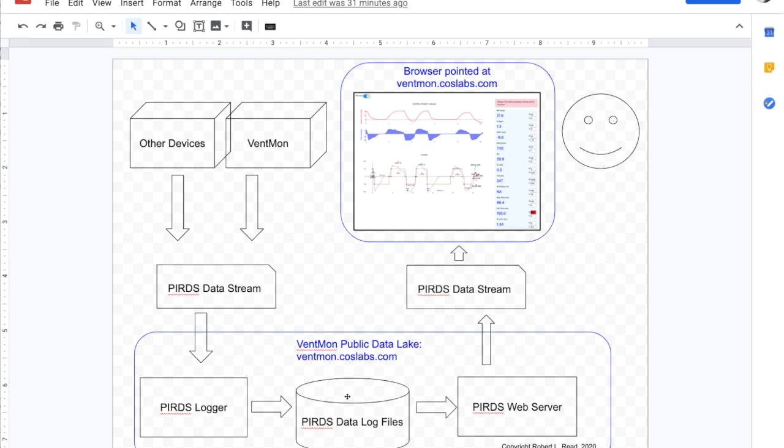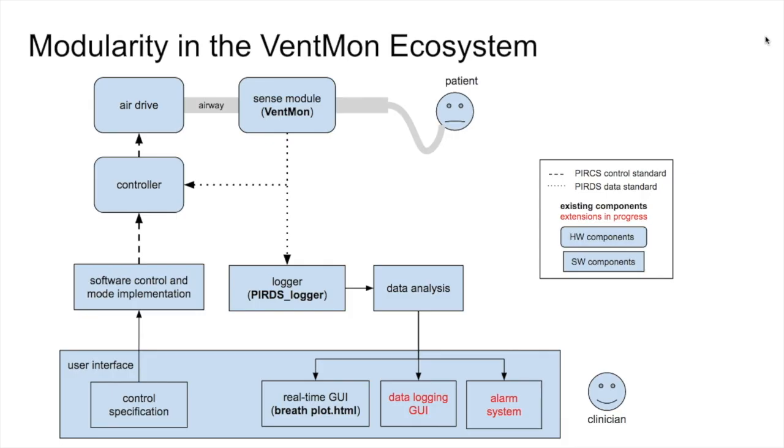The logger produces a PIRDS data file in the public Invention Respiration data standard file format. That is served by a web server producing a JSON PIRDS string, which is read by the browser via AJAX to render the page that you just saw to be examined by an engineer or possibly a clinician. Back over to you, Gloria.